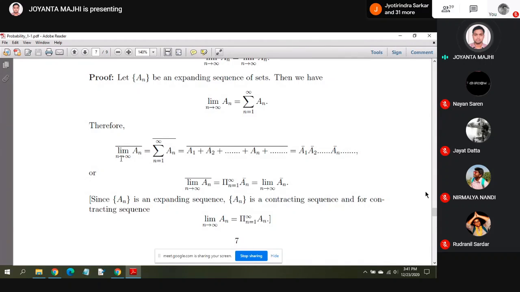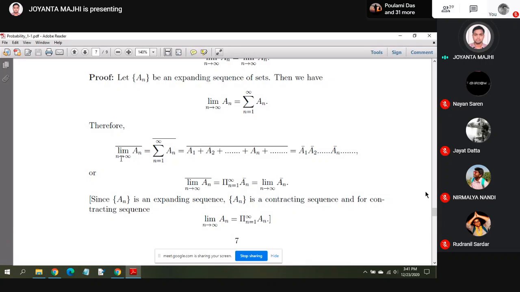Therefore, the complement of the limit as n tends to infinity of a_n is equal to the intersection of a_i complement, i running from 1 to infinity. This is equal to the limit as n tends to infinity of a_n complement.